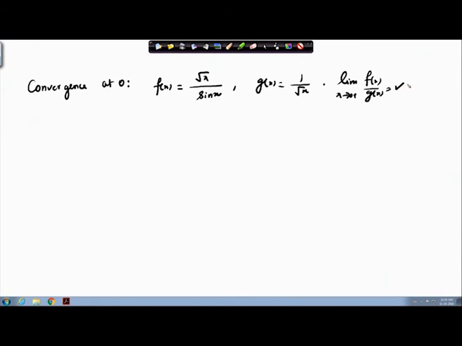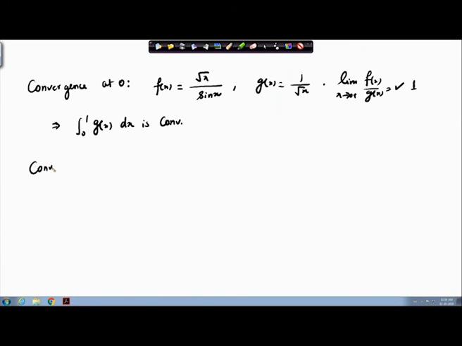We can also show that the integral from 0 to 1 of g x dx is convergent, and therefore the first sub integral is convergent.